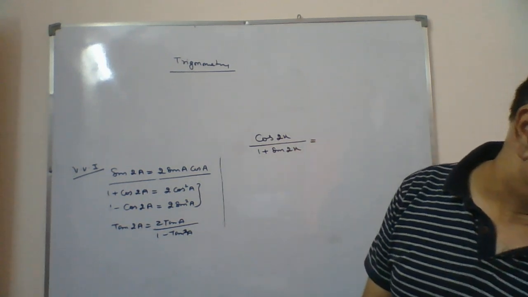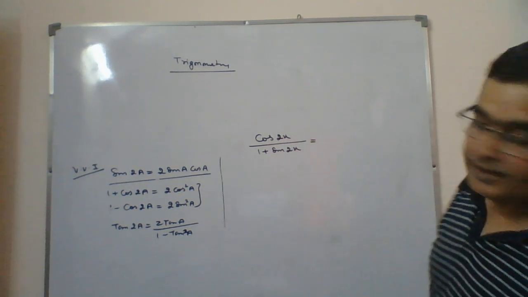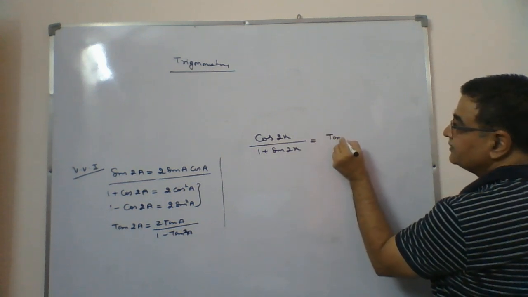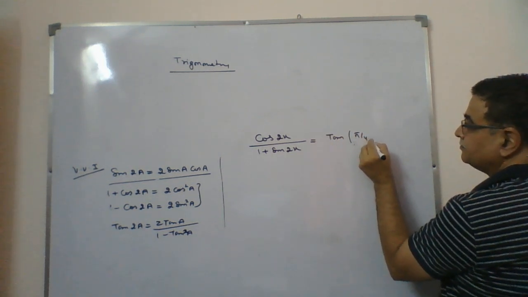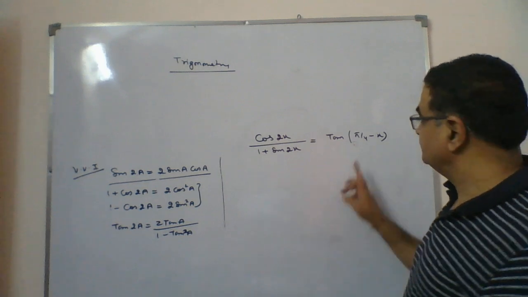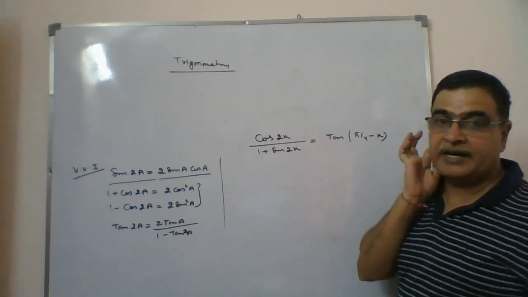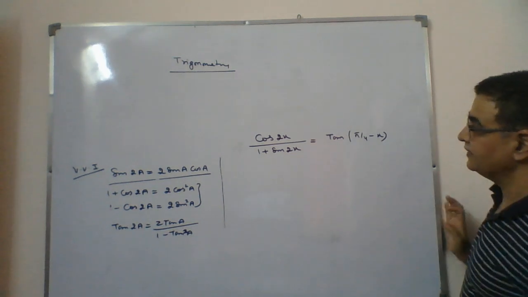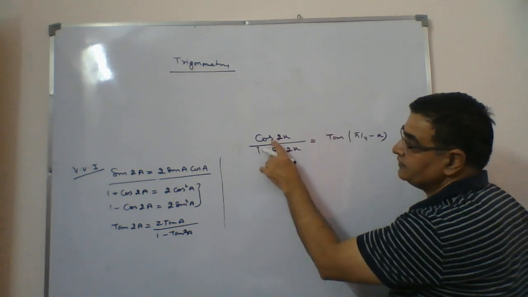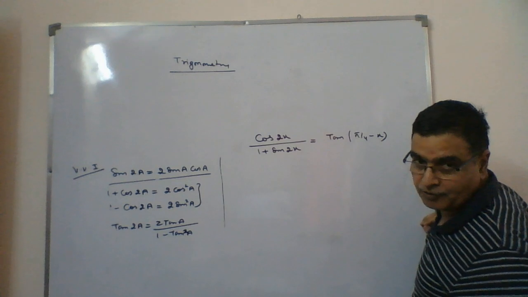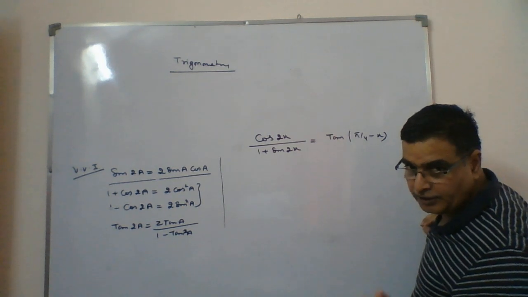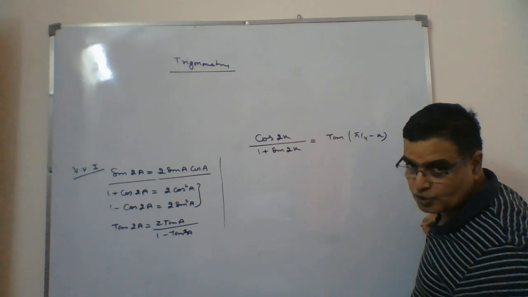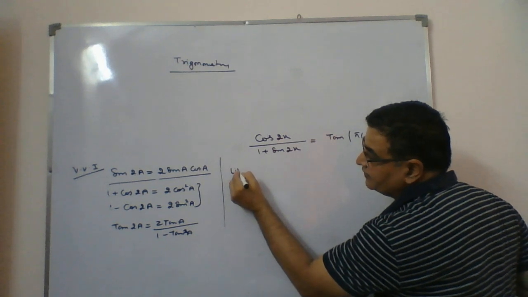We have to bring this result as tan of pi by 4 minus x. Now the problem is cos is coming alone and sin is coming with 1. So we want that cos should be with 1 and sine should be alone. So we start with the left hand side.